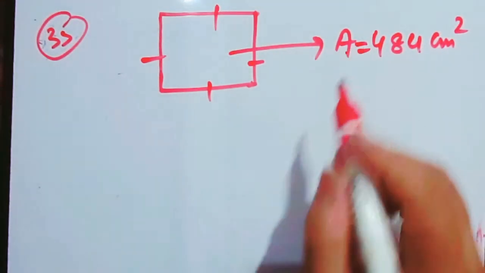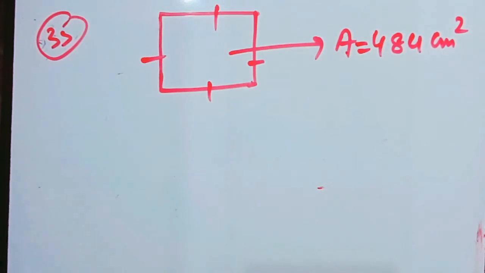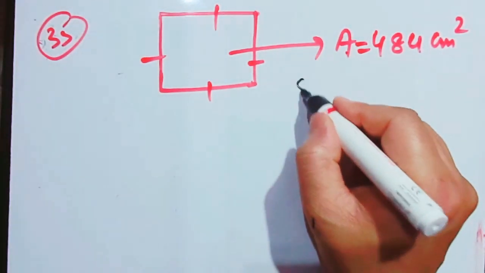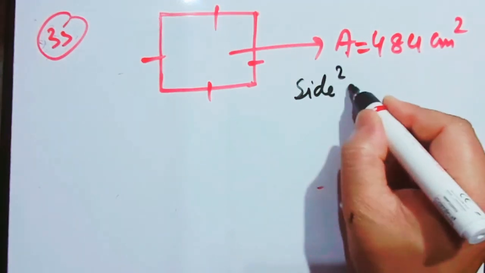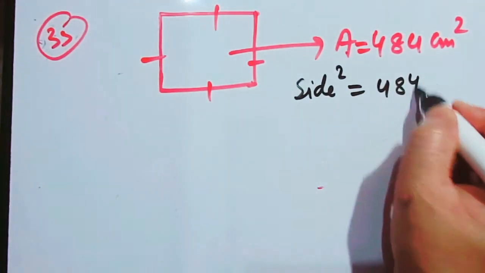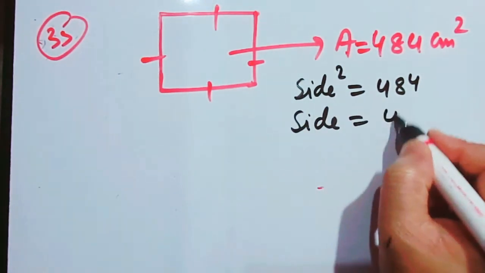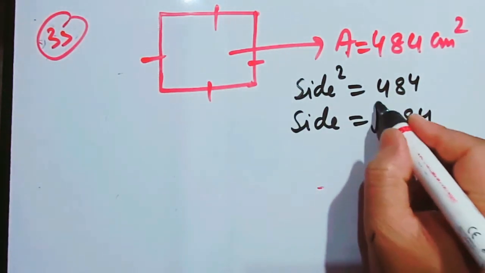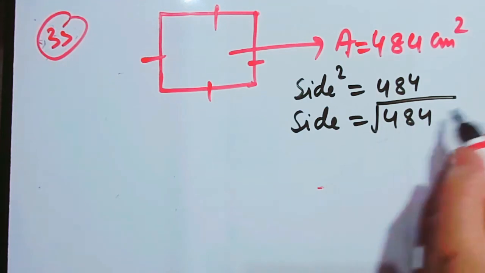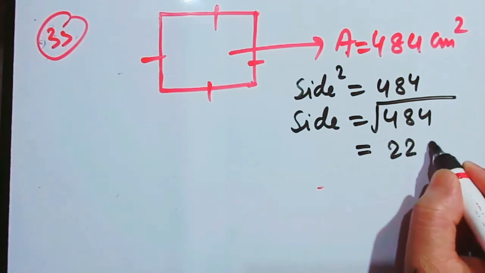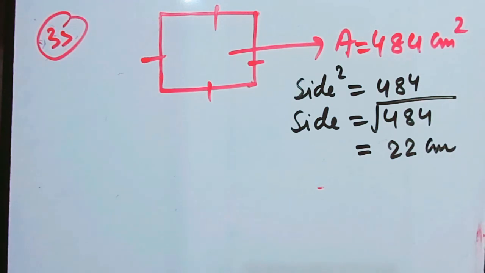Now area of a square is side square. So side square is equal to 484. So side will be root under 484, that will be equal to 22 centimeter. So I have found out the side as 22 centimeter.